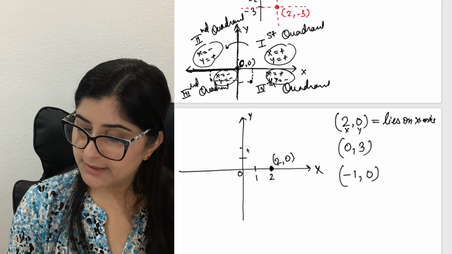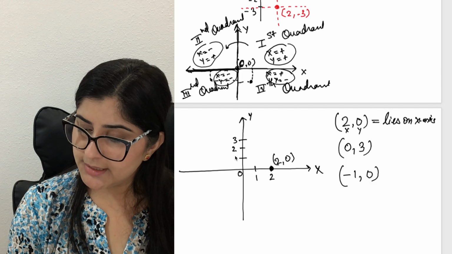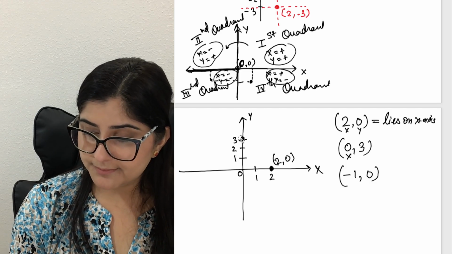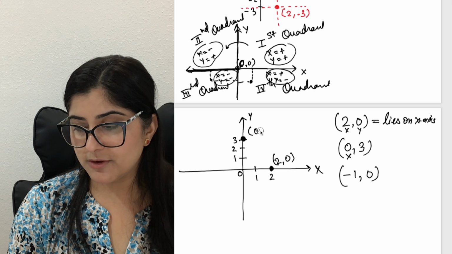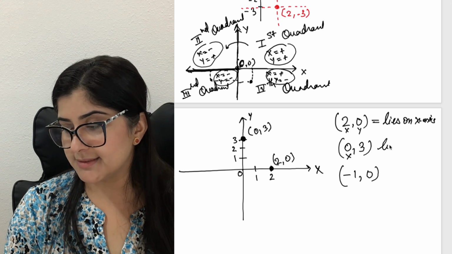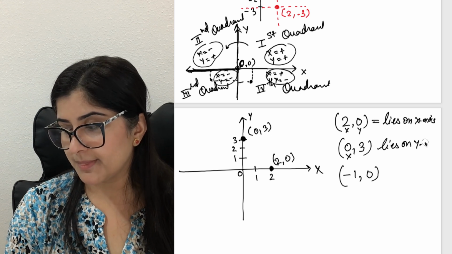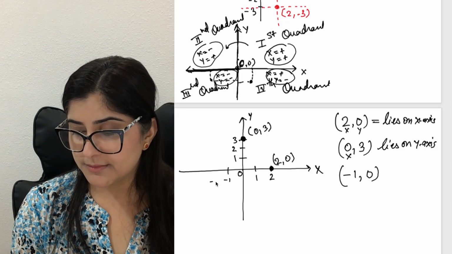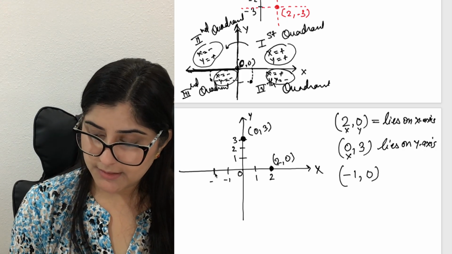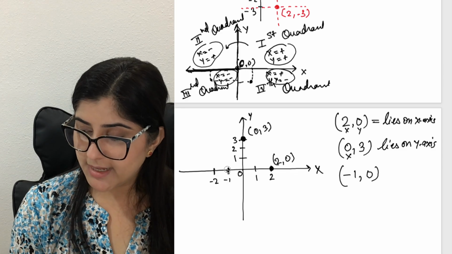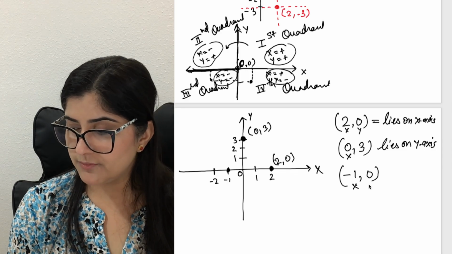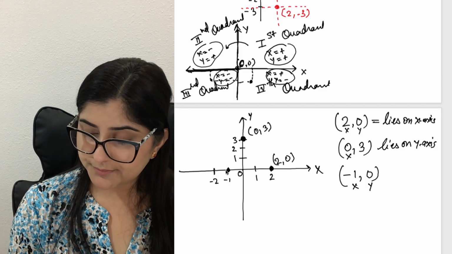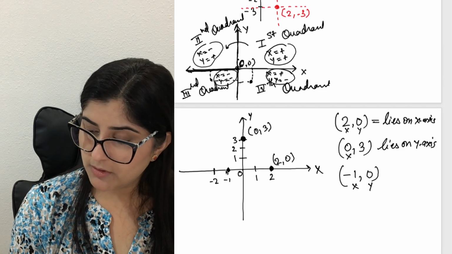Now 0, 3. So this is 3. The x value is 0 and the y value is 3. So this point 0, 3 lies on the y-axis. Then -1, 0. The x coordinate is -1, y coordinate is 0. So this is the point -1, 0.